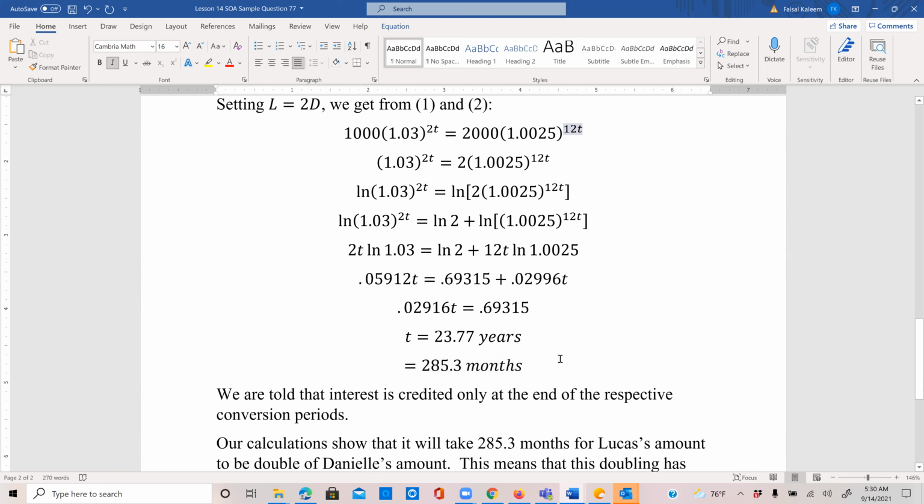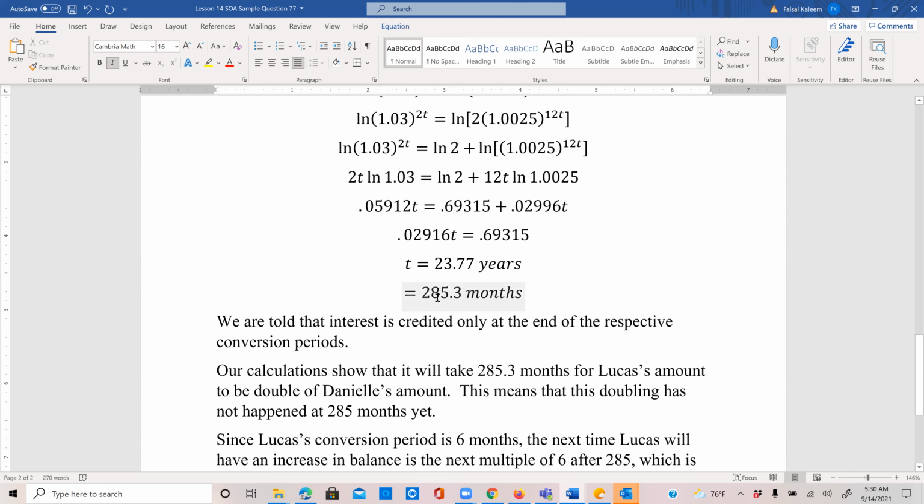In particular, remember that since Lucas is being credited only after every 6 month period, we have to look for multiples of 6 in months. The multiple of 6 before 285.3 is 282. So before 285.3 months, the last time Lucas's amount increased was at 282 months.